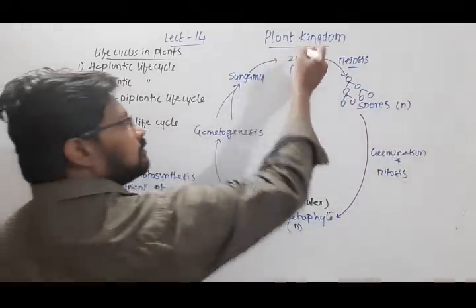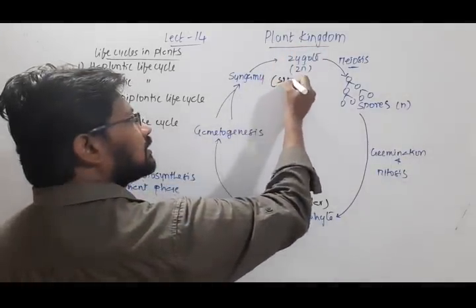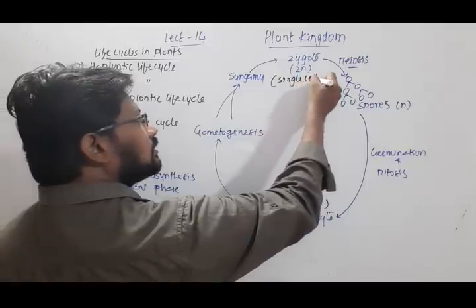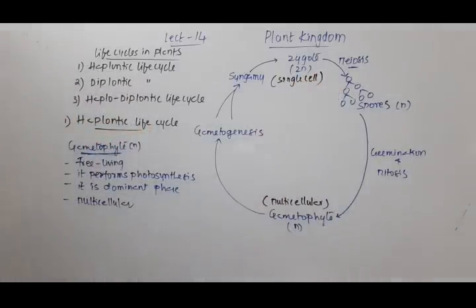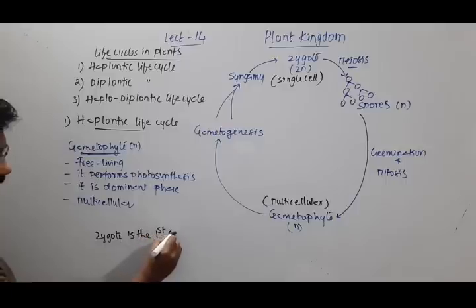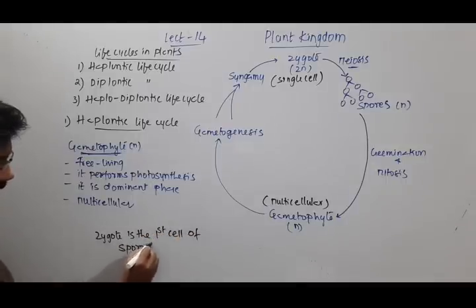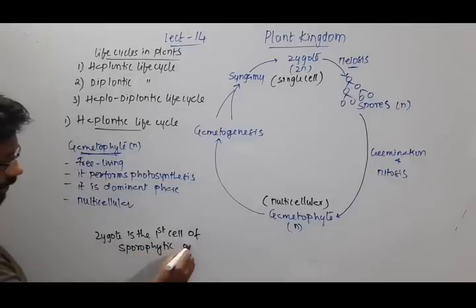Here the zygote is a single cell. One important point to keep in mind is that the zygote is the first cell of the sporophytic generation.